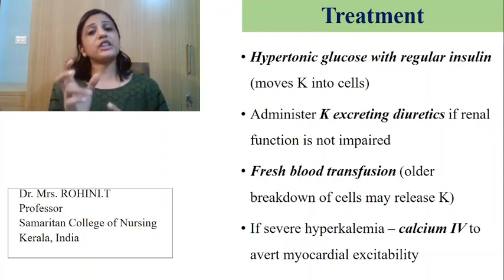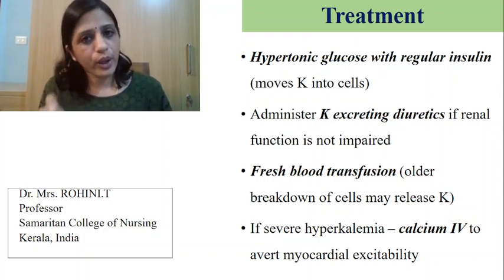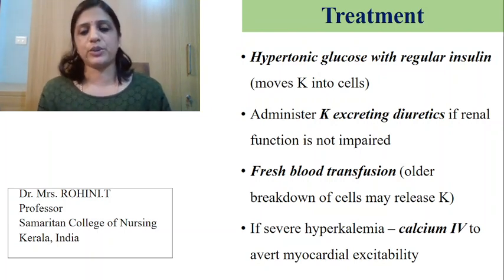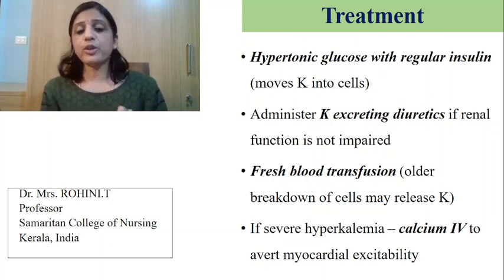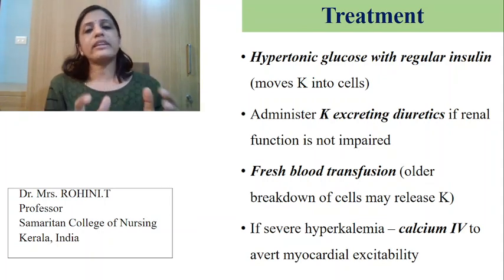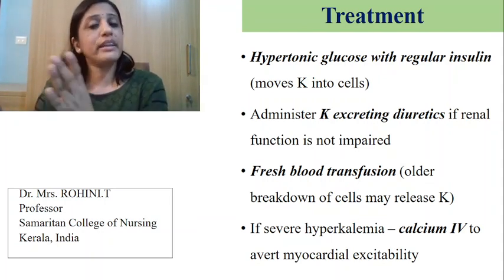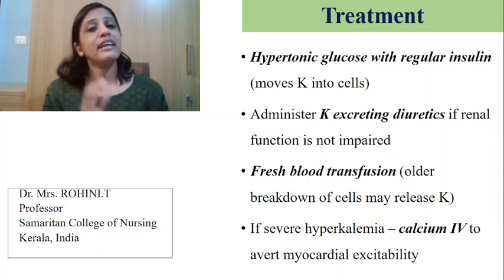And if there is severe hyperkalemia, we may give the patient intravenous calcium in order to prevent myocardial excitability. We don't want the heart to go into excitability and arrhythmias. So to control that, we may give intravenous calcium.